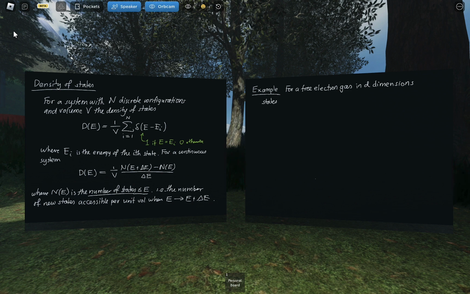So the states are parameterized by the wave vectors k, so that's just a vector in R^d, which gives you the frequency in every dimension. And the energy of that state is p squared on 2m, or h bar squared k dot k on 2m, where m is the mass of the electron, h bar is what it is, and that's the dot product, k squared.